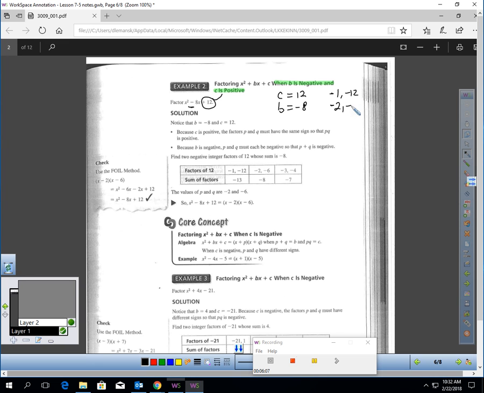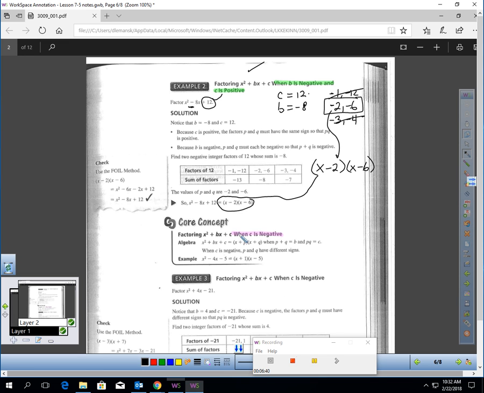Negative 2 times negative 6 would give me 12, and negative 3 times negative 4 would give me 12. Which of these combinations add up to negative 8? Well, it's not those. It's right here. Those two add up to negative 8. So my correct factoring would be x minus 2 times x minus 6, and you can see that here. So if c is positive but b is negative, both of my factors have to be negative. That's what this little statement's telling me.